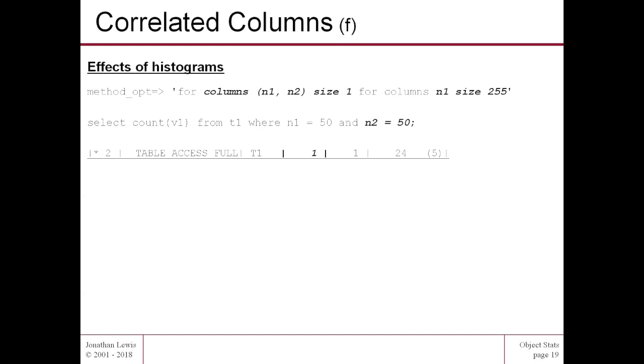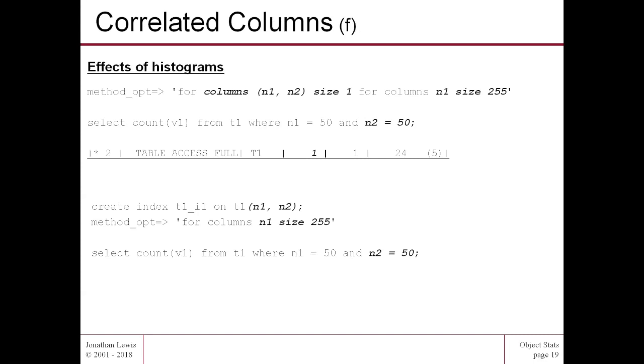If you've got a histogram on the column group, Oracle can still use the column group. But if you don't have a histogram on the column group, but then create a histogram on one of the underlying columns, that's it. The column group is discarded. And of course, if it applies to column groups, it applies to the distinct keys and indexes. So here we have the index on N1, N2.